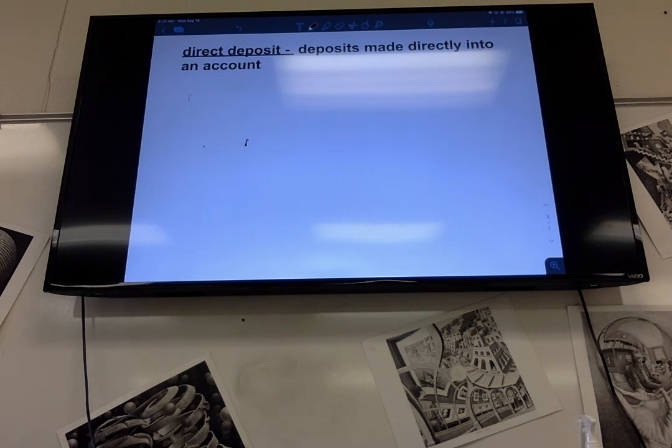I love direct deposit because I don't have to go to the bank. That money just gets put in there every day. It's usually put in there pretty early, like sometimes at midnight, sometimes at 4 or 5 o'clock in the morning. It's put in there, ready to use. So direct deposit, I'm a big proponent of it. A lot of places require that you do it. Not all of them, but a lot of them.